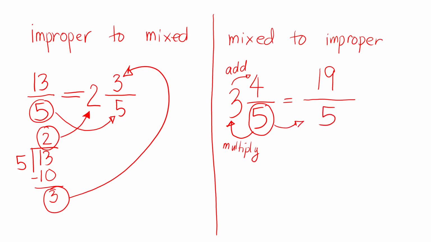So, let's have more examples on this. Improper to mixed. I'm gonna give you 20 over 7. So, let's do division. 20 divided by 7 is how much, by the way? 2. Then 2 times 7, 14. What's the difference?